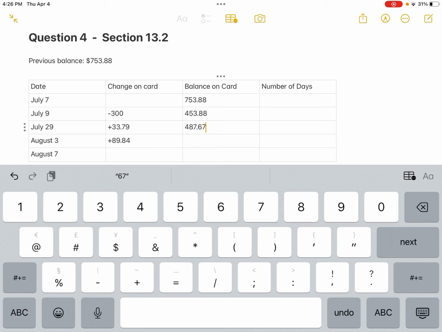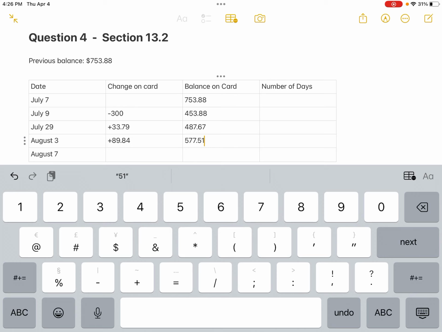And then we're going to add $89.84 to that, and we're going to come up with a balance here of 577.51. Now, nothing else happened in that billing cycle, and so that should be our ending balance going forward, but we have to pay the finance charge.